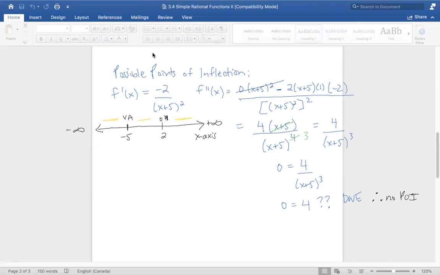Again, I'm going to have a 4-column chart. So I need my factors of F double prime of x, and then the intervals, same as before: negative infinity to -5, -5 to 2, and 2 to positive infinity.